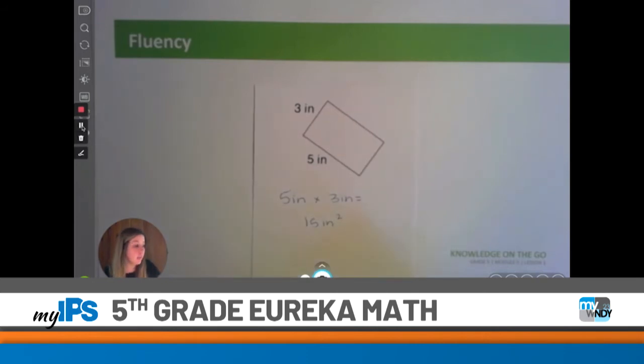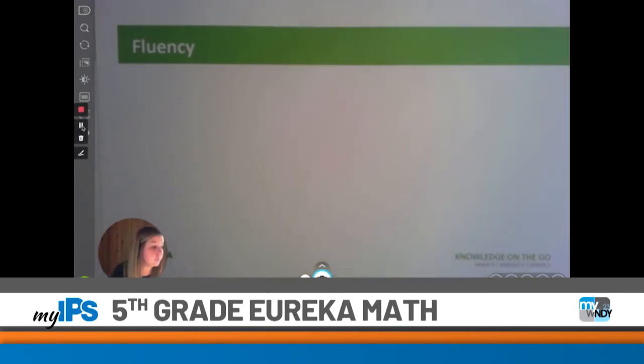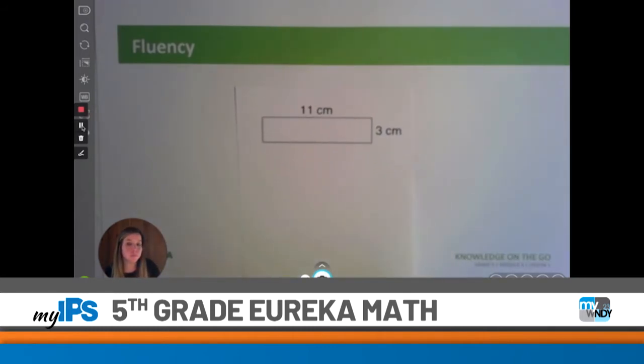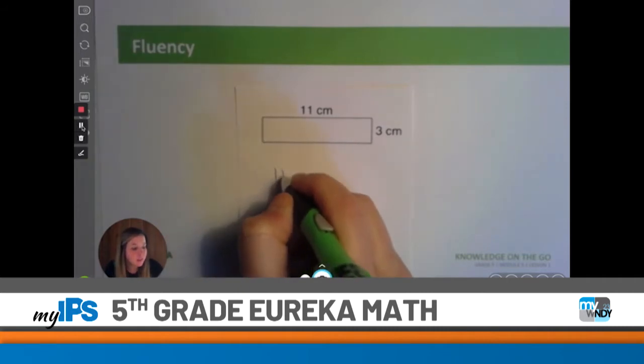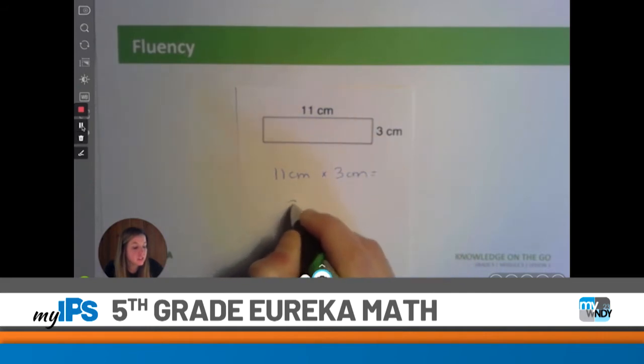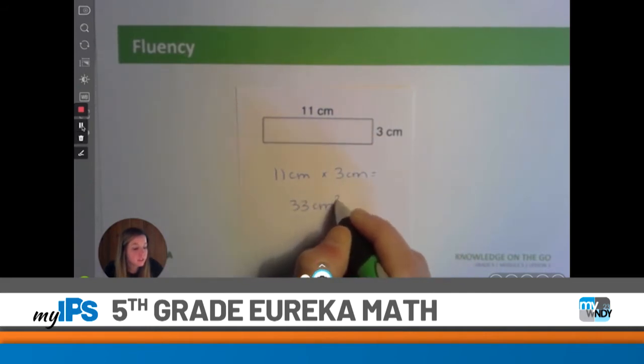Okay, and let's look at our last one. Go ahead and find the area. Write that multiplication sentence, starting with the longer side. Okay, let's check. 11 centimeters times 3 centimeters gives us 33 centimeters squared.